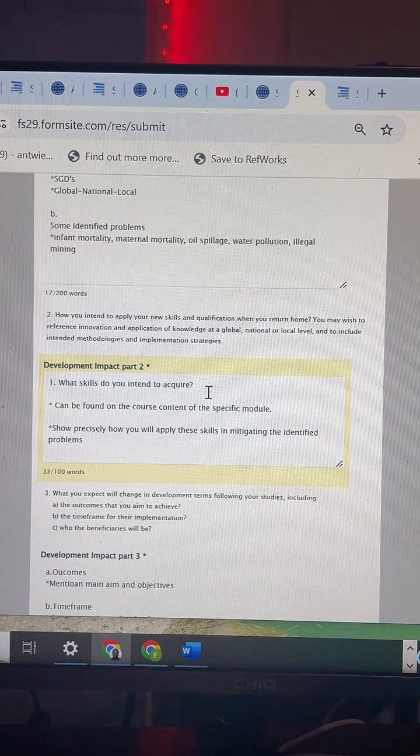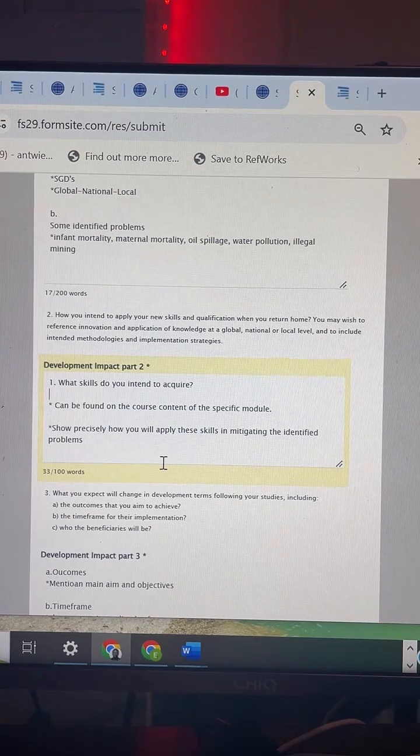So if yours is oil spillage, if yours is illegal mining, the course that you've selected, what specific module and what specific skill or knowledge are you going to acquire from that module or from that course? And that will equip you with all the skills that you need to be able to go back and contribute to reducing that problem or that identified issue in the community.